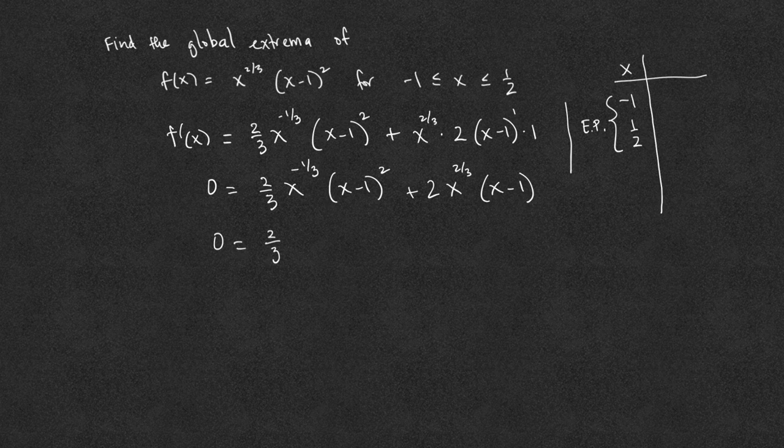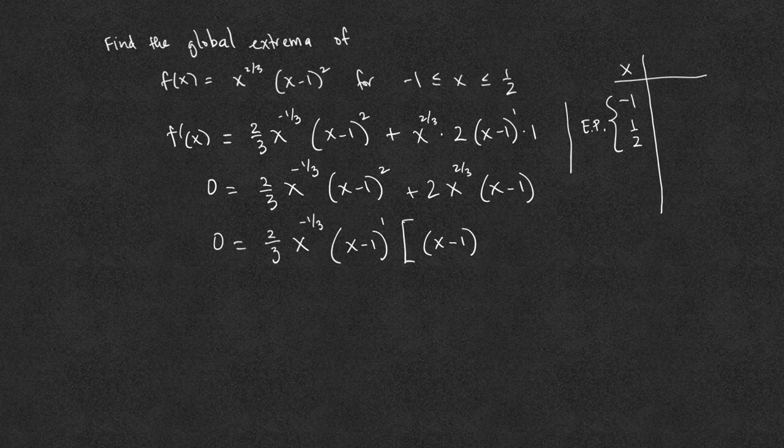For the factors x to the -1/3 and x to the 2/3, we factor out the lowest power, which is x to the -1/3. Then for x minus 1 squared and x minus 1, we factor out the lowest power. What we end up with in the second term is a factor of x minus 1 only.